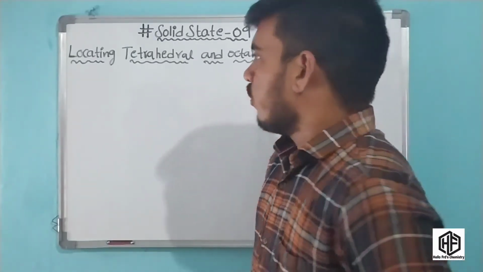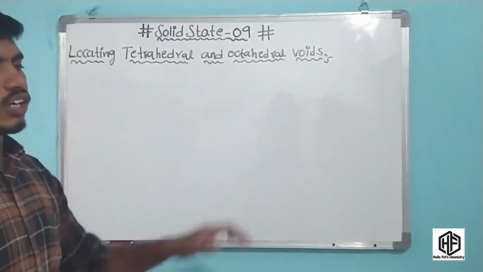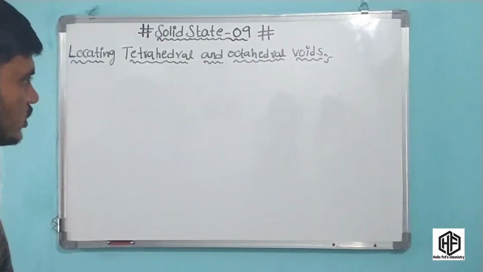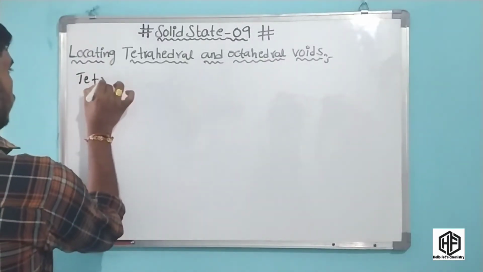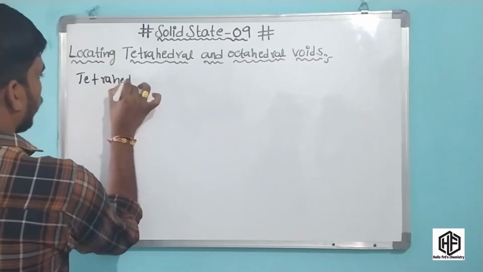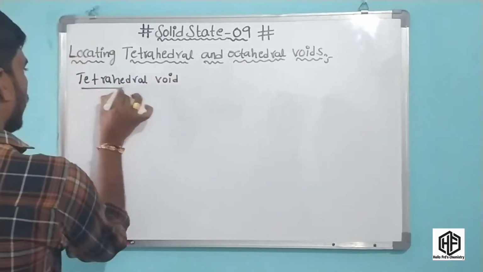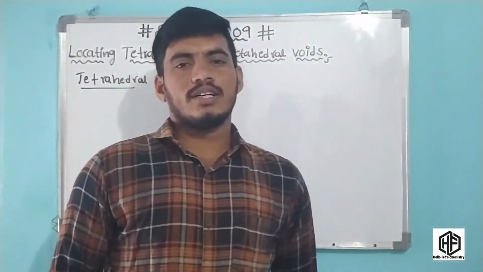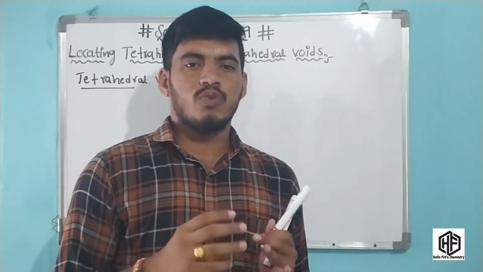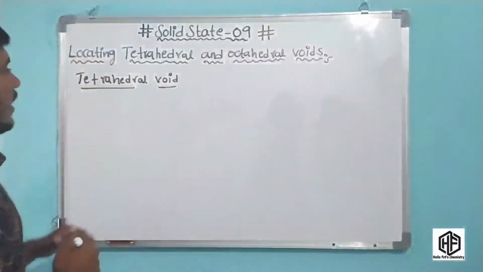See this board. Friends, first of all, what are tetrahedral and octahedral voids? First, the tetrahedral void. Four atoms are combined to produce one void. That void is called a tetrahedral void.